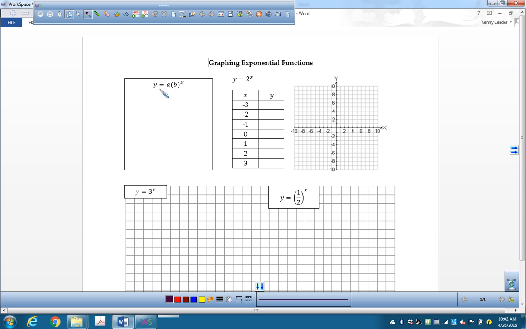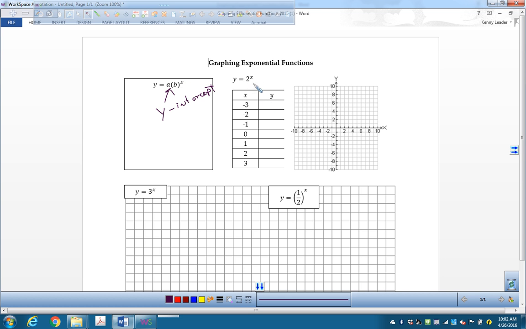So if you have an exponential function like we do here, this is the general form of an exponential function. This thing here is the y-intercept. A is going to be your y-intercept, which is kind of interesting. In this case, A would be 1.